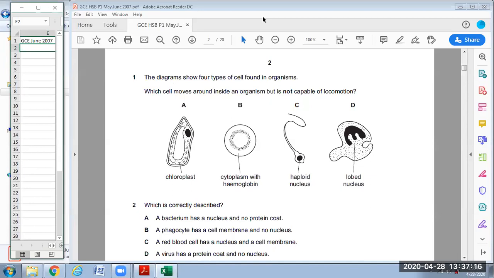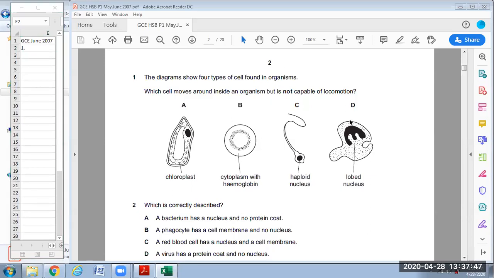So anytime, Mr. Bala ready? 1. The diagram shows 4 types of cells found in organisms. Which cell moves around the inside of an organism but is not capable of locomotion? Locomotion is movement from one area to the next.